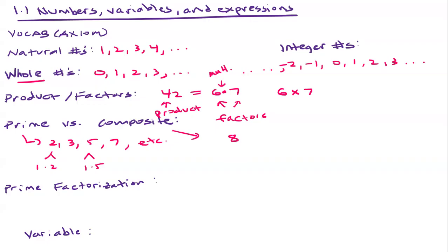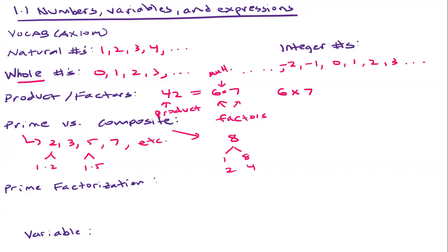So in this case, we can have multiple products that will give us 8. So we can have 1, 8. We can have, say, 2, 4. So again, it's not just the number one and itself, it's multiple factors that can produce 8.